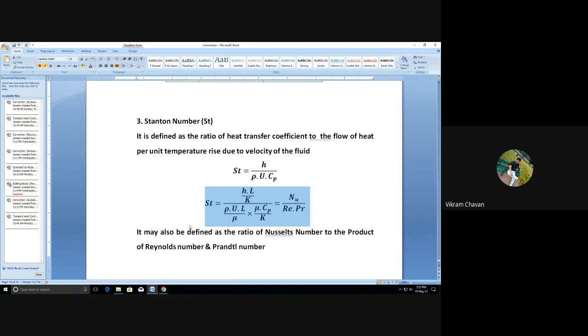It is defined as the ratio of heat transfer coefficient to the flow of heat per unit temperature rise due to velocity of the fluid.